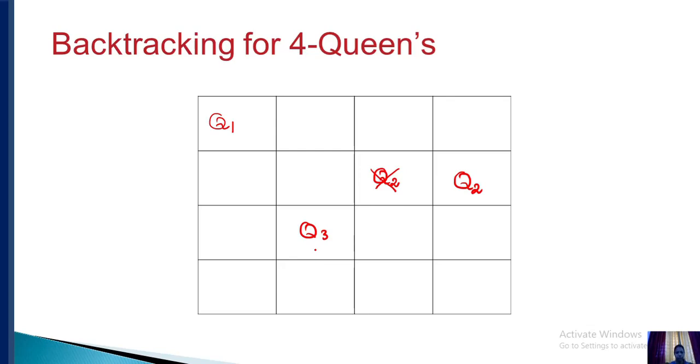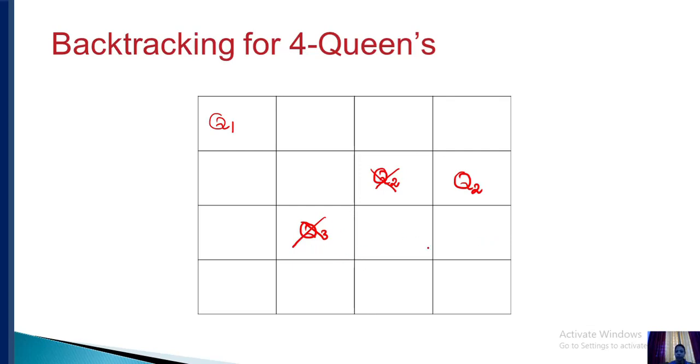When we backtrack, we go back here and find the next possible solution for queen number 3. If I try to place queen 3 in this place, again it will clash diagonally with the second queen, right? And if I try to place the third queen in this cell, it will vertically clash with the second queen. So there is no solution for placing the third queen again.